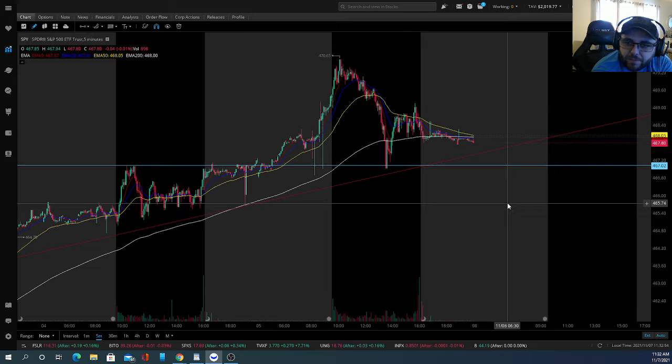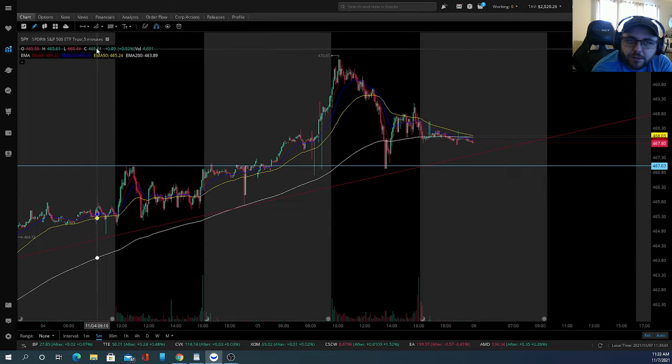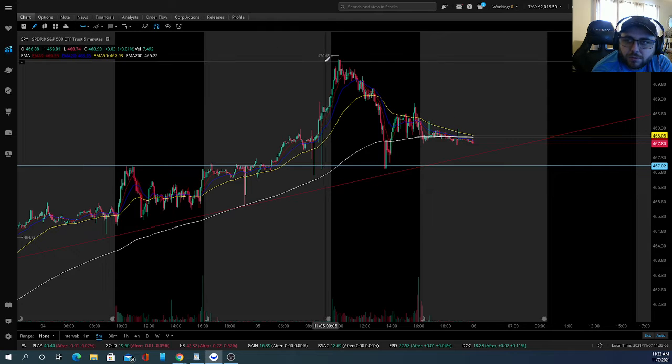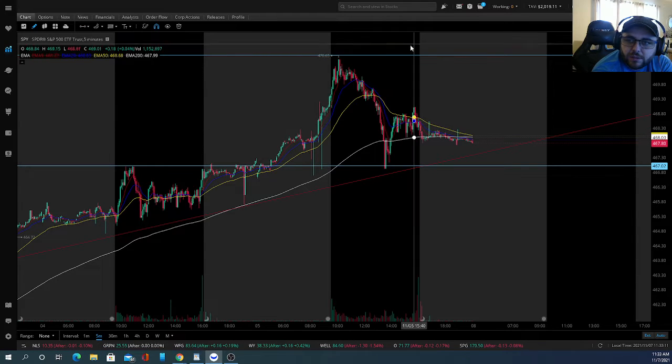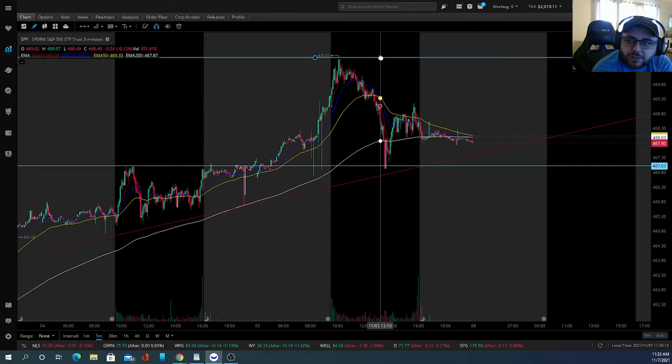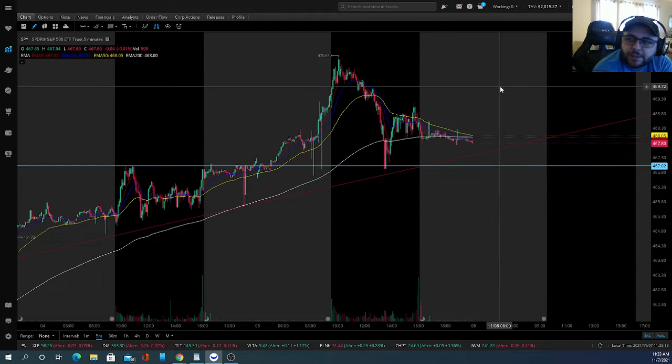Then my next thing is, of course, we're going to mark this high right here. Grab this other line. On a line, there we go. 475. Let me bend this down just a little bit on the candle there. 475. All right, there we go.